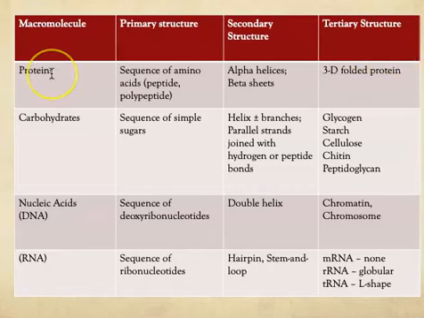So in the case of protein, the primary structure of protein can be described as simply a sequence or a chain of amino acids that are in a particular order. Remember, we call it a peptide if it's a relatively short chain of amino acids.